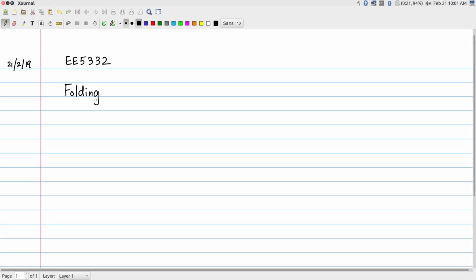Okay, so what we are going to do today is to look at a couple of more examples of folding, or rather go a little bit deeper into how the folding can be implemented in practice. To start with, I'm going to once again review the example that we took up yesterday, which is just adding three streams together.